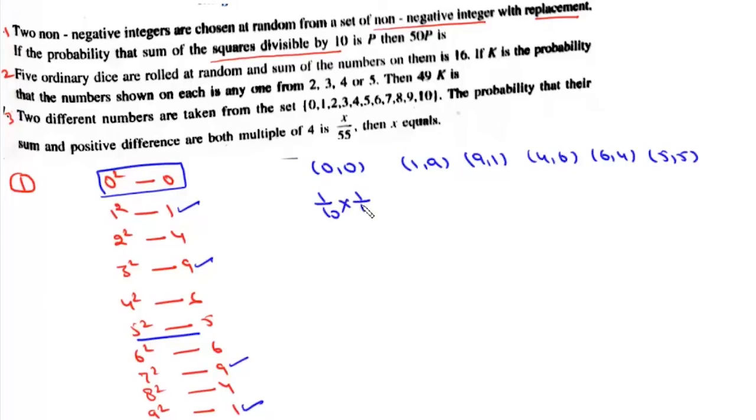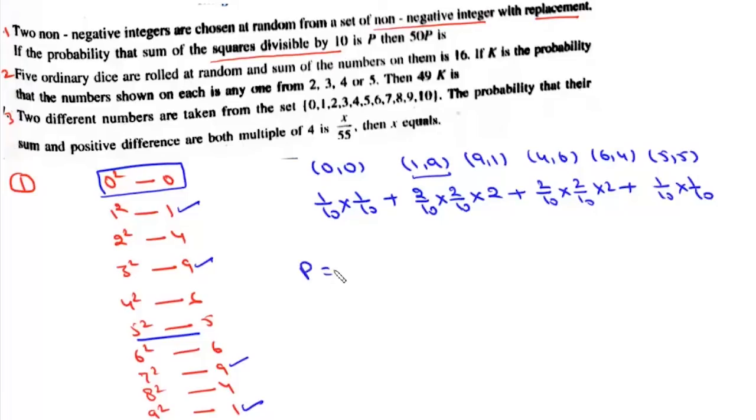Now if it is 0, 0, now 0 is 1 by 10. Choosing another 0 is 1 by 10. Now 1 and 9. Now choosing 1 is 2 by 10, and choosing 9 is also 2 by 10, and then we have this 9, 1, so it will be this into 2, plus now 4, 6, 4 is 2 by 10, 6 is also 2 by 10, and then into 2, plus 5 and 5, it will be this 1 by 10 into 1 by 10.